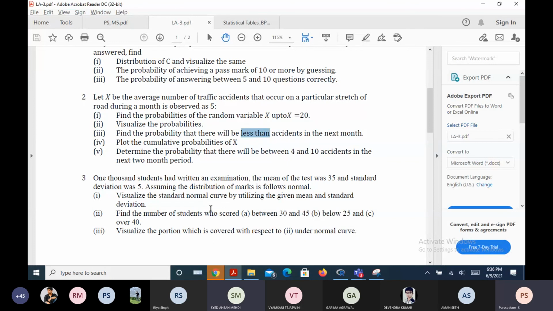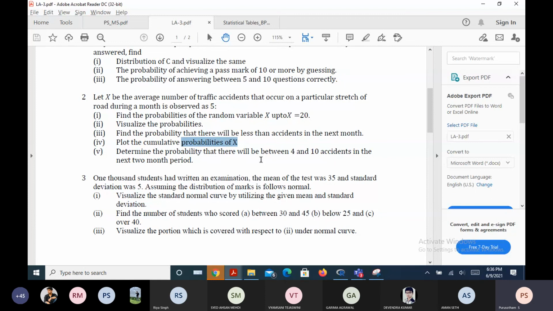And the fourth bit, sir. Plot the cumulative probabilities of X. So X goes to infinity, how do we do that? You take up to 20.